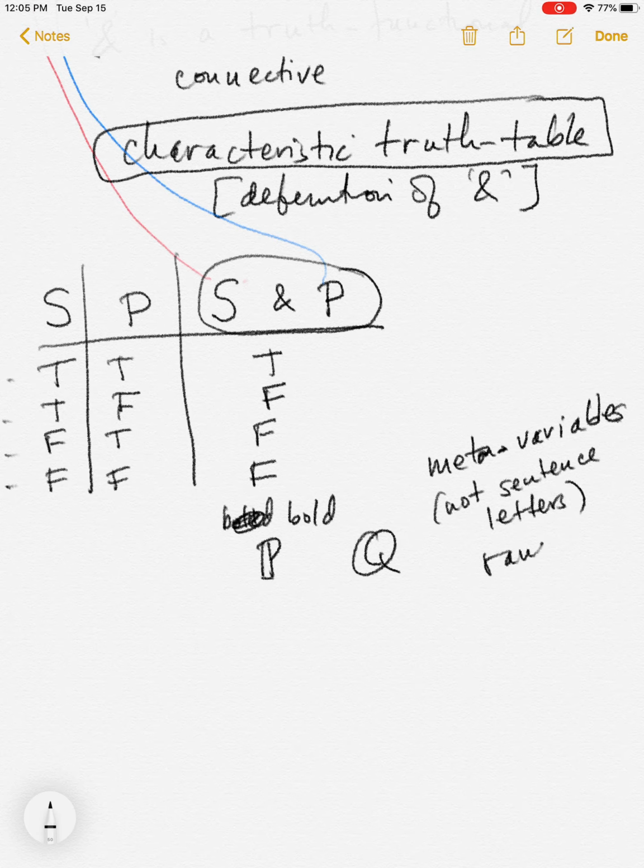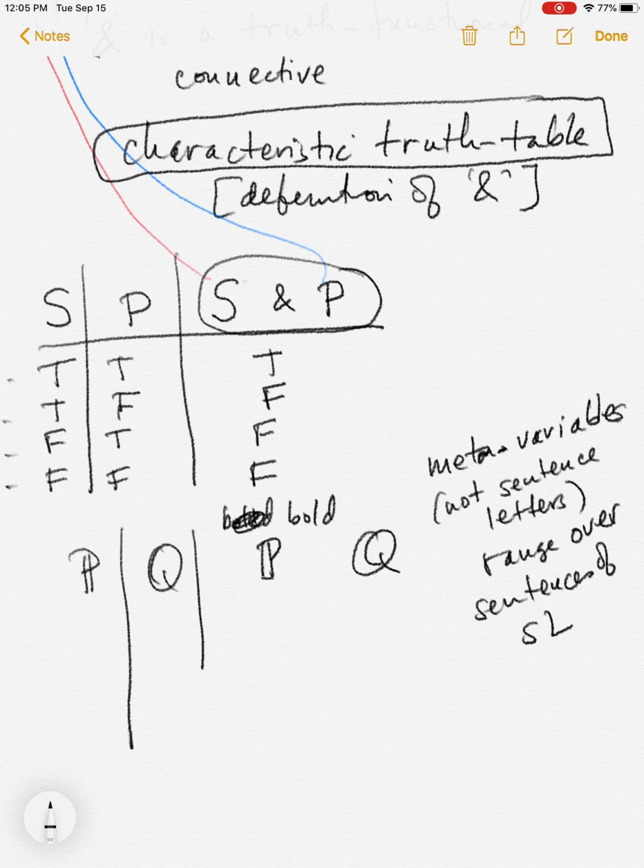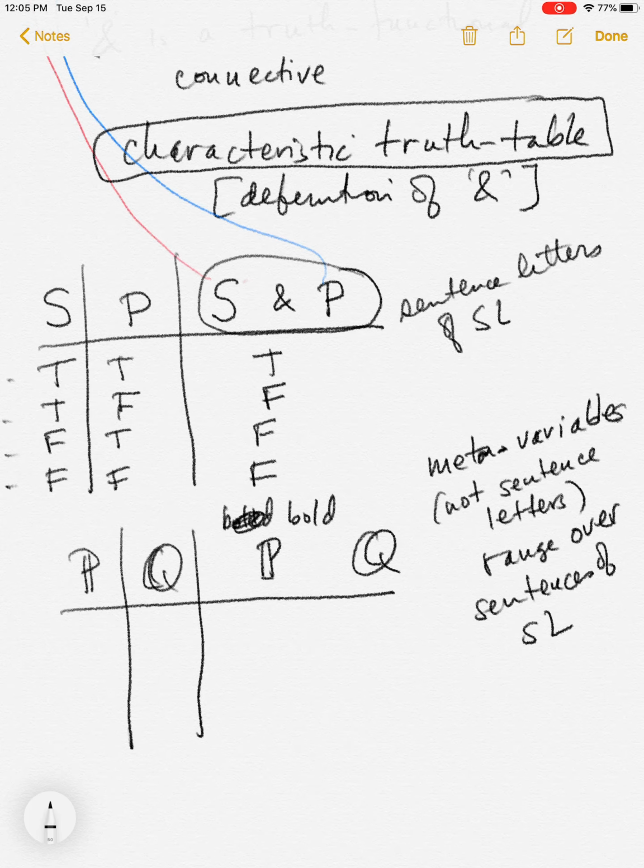They range over sentences of SL. So this is the characteristic truth table for the ampersand. Instead of using sentence letters, so these are sentence letters of SL, these are meta variables. They're not sentence letters. They are variables that range over sentences.